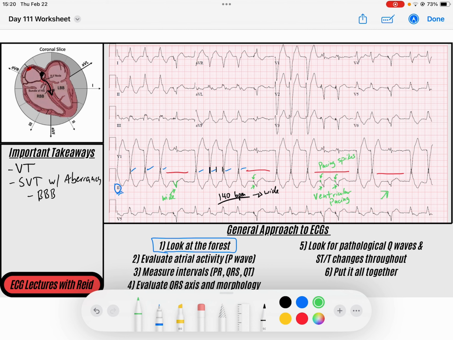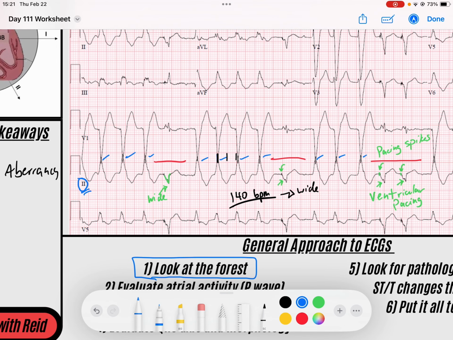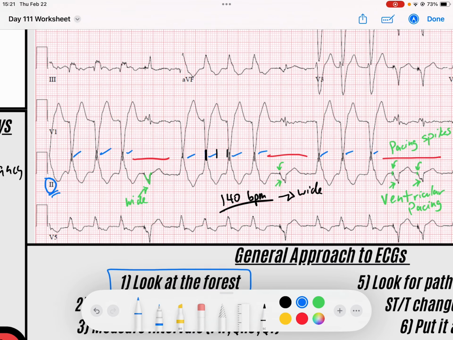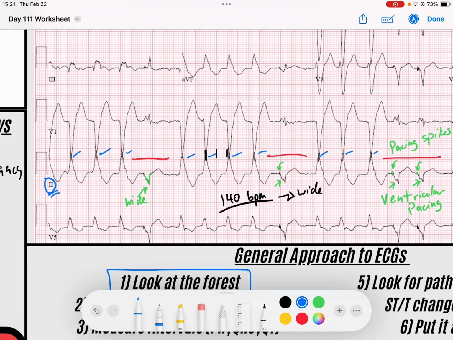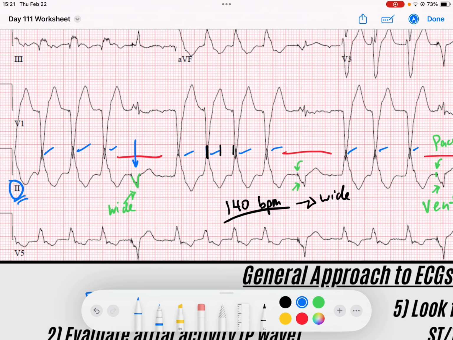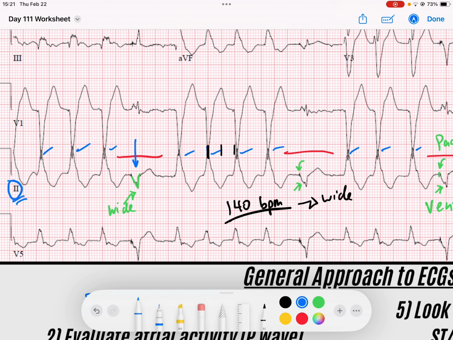Now we need to figure out what is happening on these beats that we've labeled here in the blue. What are some ways that we can get evidence for or against a ventricular or supraventricular rhythm? Well, we can look at the initiation. We have this wide complex beat that's here, but now we have the restarting of our wide complex rhythm.